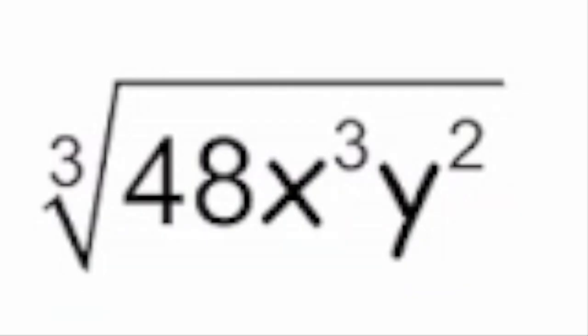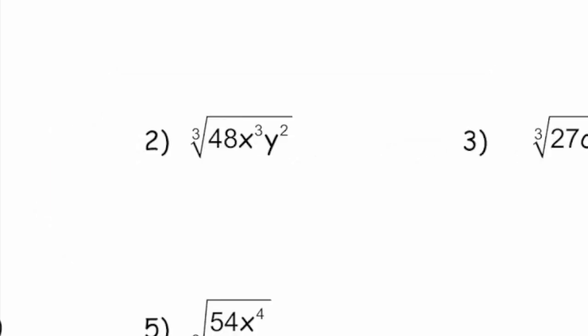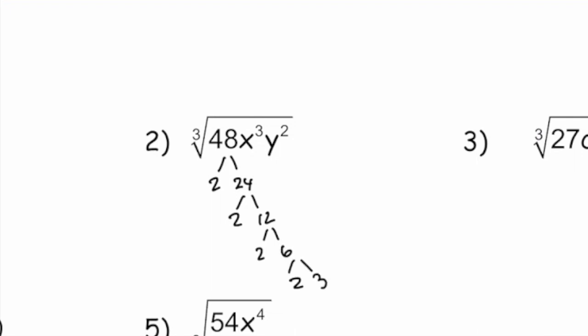If we get to something a little bit more complex, here we have the cube root of 48, x cubed, y squared. So 48 breaks down to 2 and 24, 2 and 12, 2 and 6, 2 and 3.